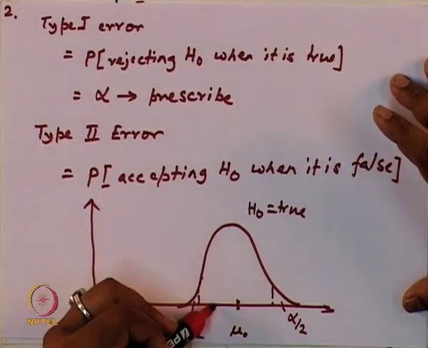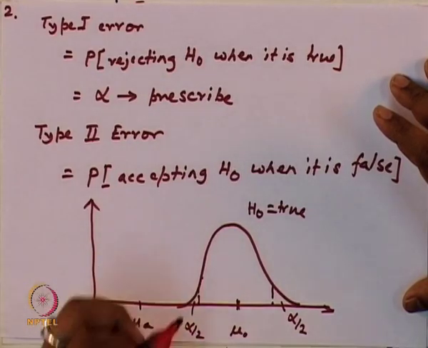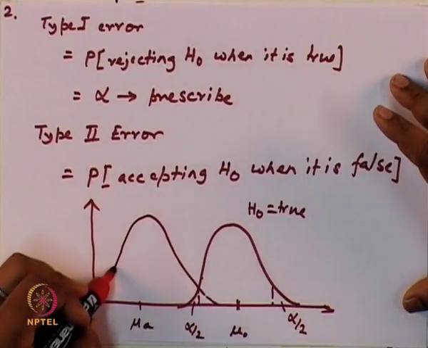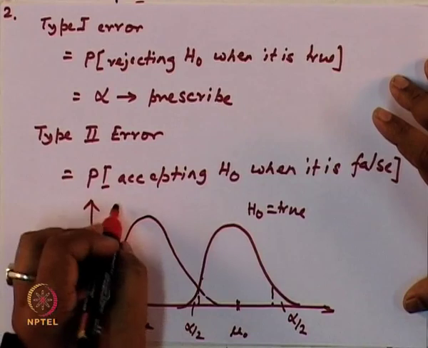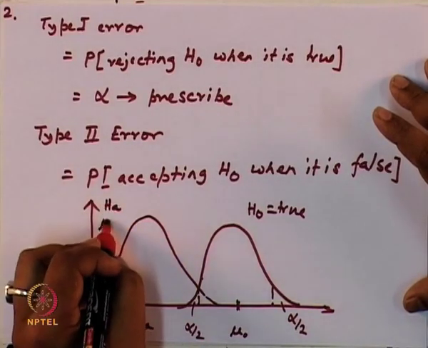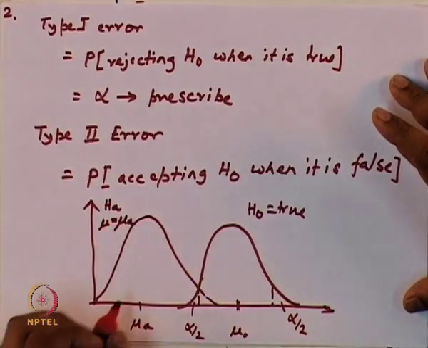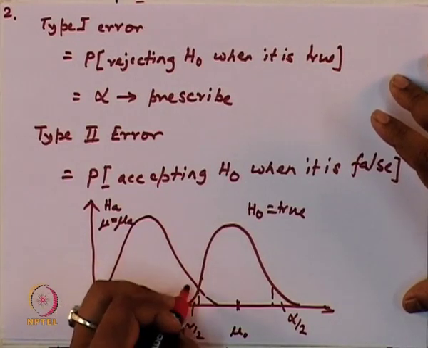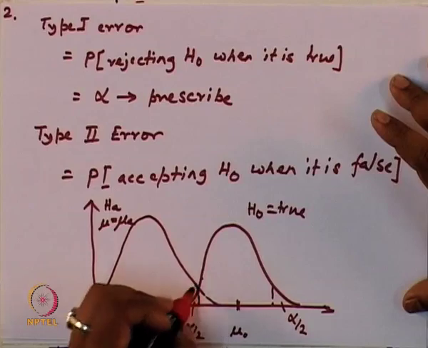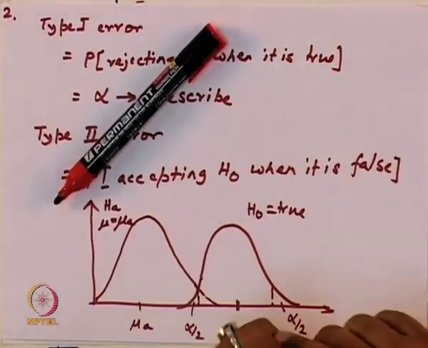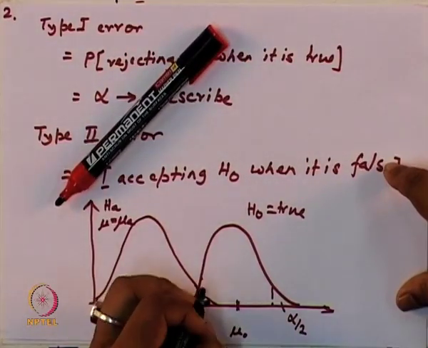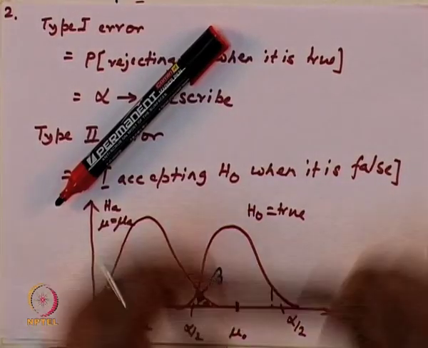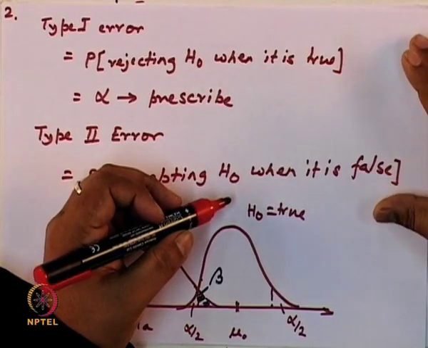So, then the distribution, let us say this is your alternative hypothesis, which is mu equal to mu a, which is distinct from mu naught. So, what you see is this area in this part of the curve, you call this beta, and this is your probability of accepting H naught when it is false.